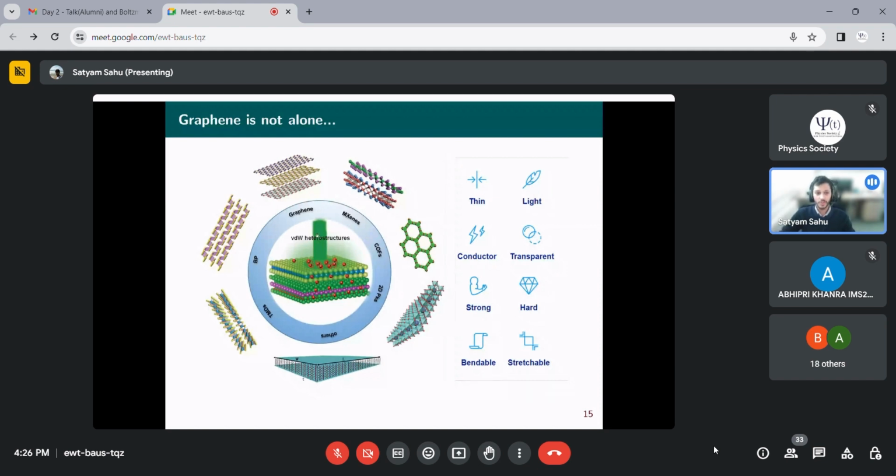You have materials like graphene which have just one kind of atom.